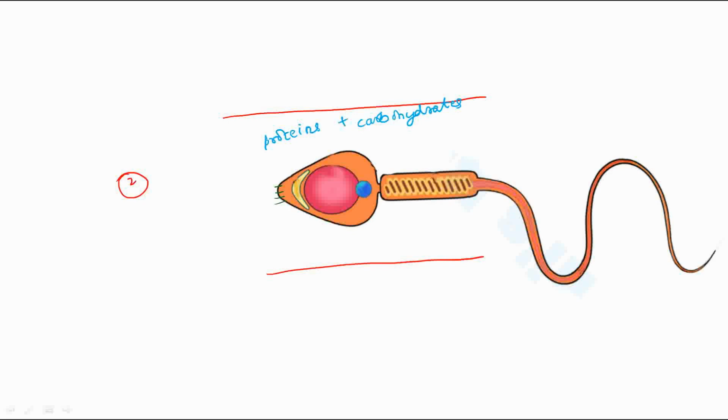Okay. And what is the third process? I'll show you the third one. Third process is that the sperm cell membrane becomes more and more negative.